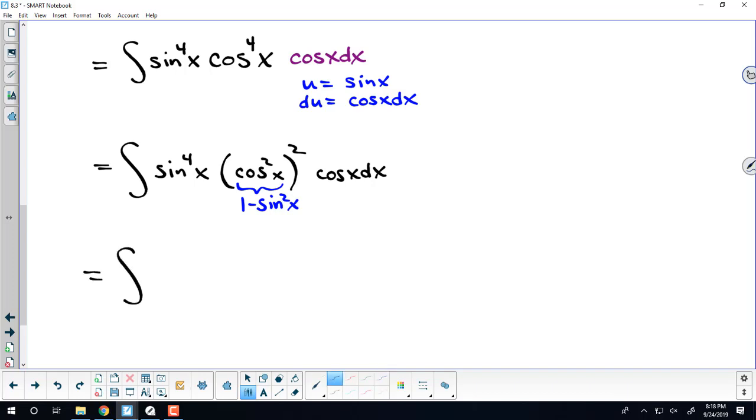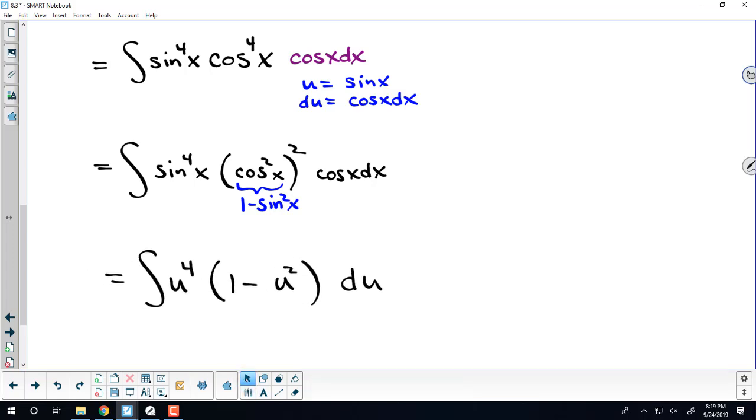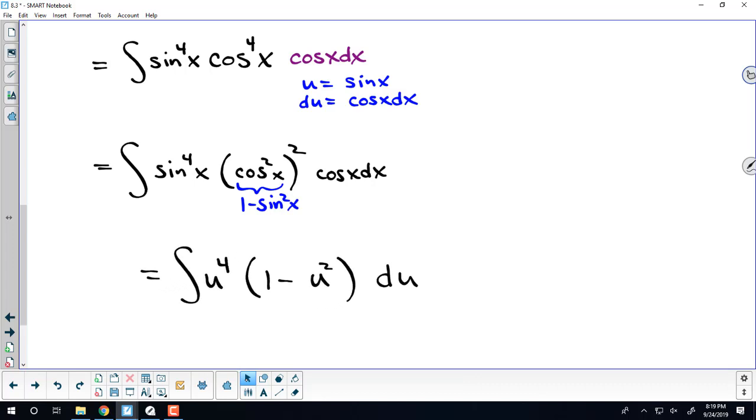So that's u to the fourth for that one. This is 1 minus u squared for that one, and that's our du. Okay, so that was 1 minus sine squared here, but then that whole quantity is squared, so don't forget that. And to expand that properly, you're really just looking at 1 minus u squared times 1 minus u squared.